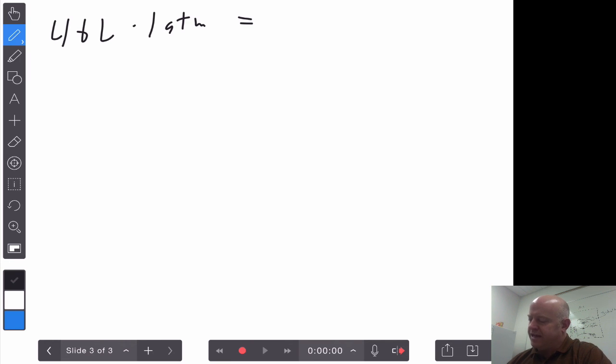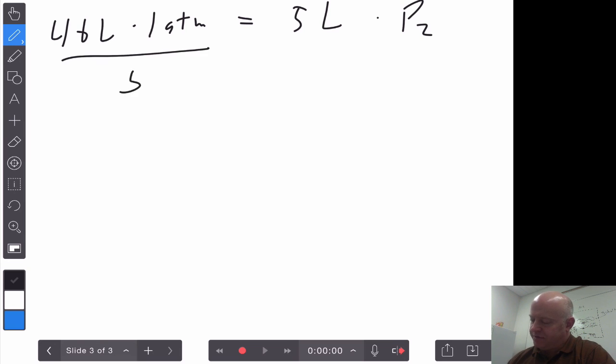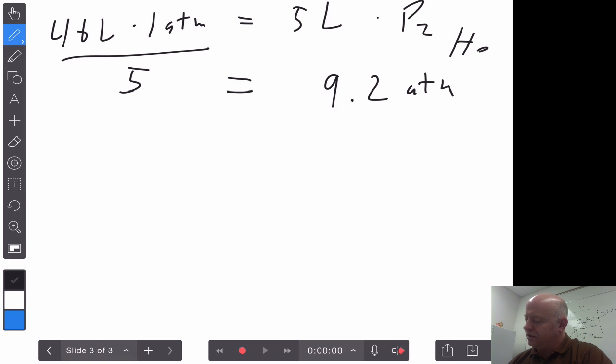We compressed it into only 5 liters of space, so we want to solve for the new pressure. 46 times 1 divided by 5 gives us a new pressure of 9.2 atmospheres for helium.